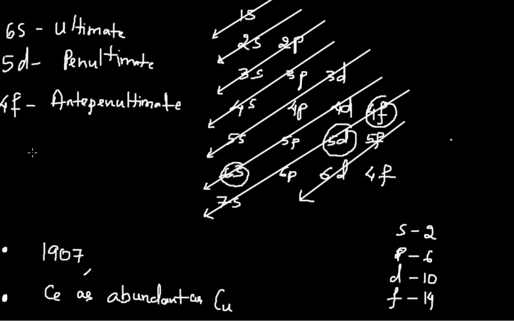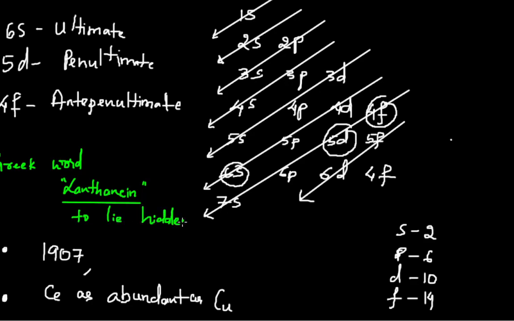The word lanthanide comes from a Greek word lanthanein, which means to lie hidden. So we can now correlate with what we have understood.